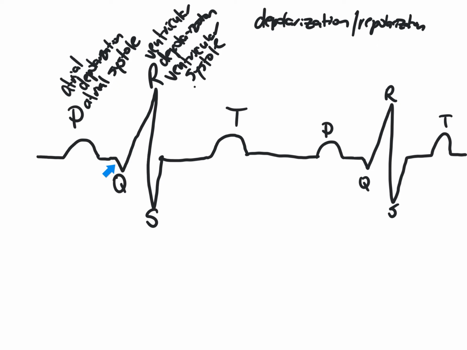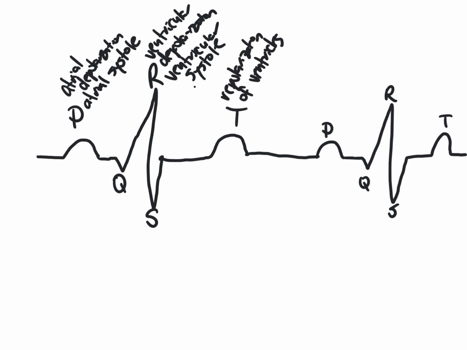So you don't really see it on our EKG. But it is important to consider that it would live here in this area of time. Lastly, your T wave represents the area of repolarization of the ventricles.